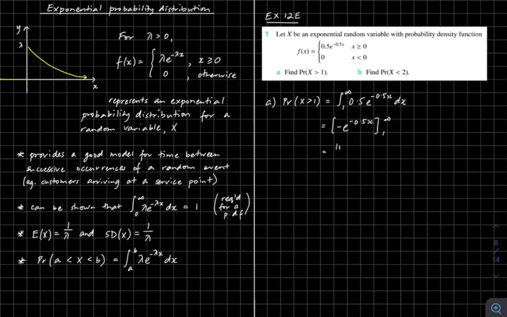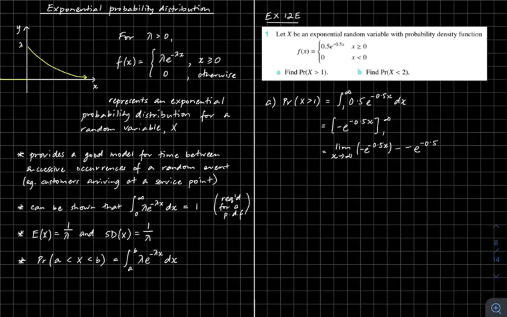So a little bit more accurately, I'd be saying, what's the limit as x approaches infinity of negative e to the negative 0.5x, and from that, take away at the lower bound, it would be negative e to the negative 0.5 when I substitute x equals 1.